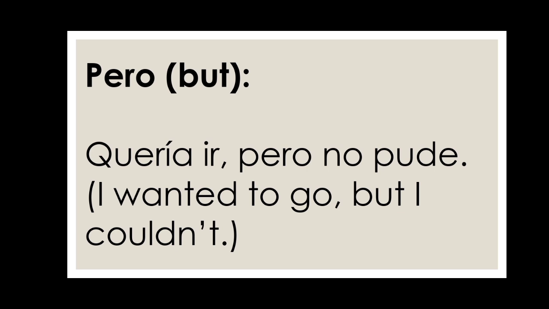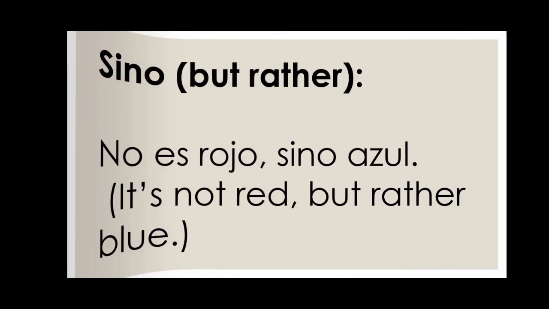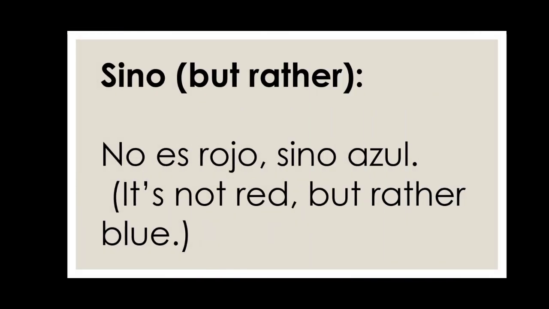Like es bajo, pero es un buen jugador de baloncesto. He's short, but he's a good basketball player. Sino also means but rather. Sino is normally used when the previous part of the sentence is negative. No es rojo, sino azul. It's not red, but rather blue.